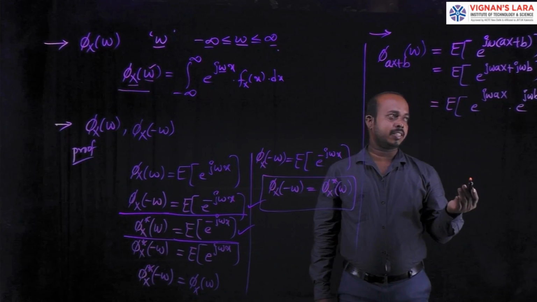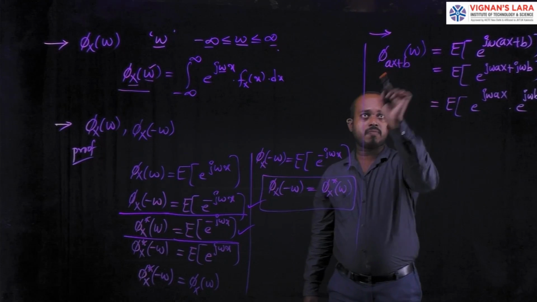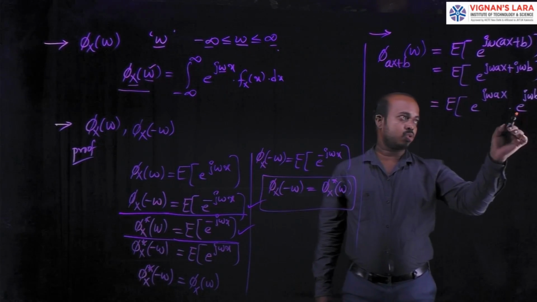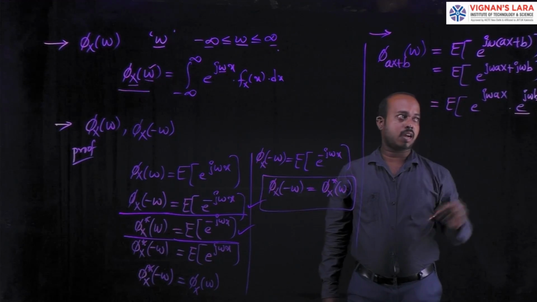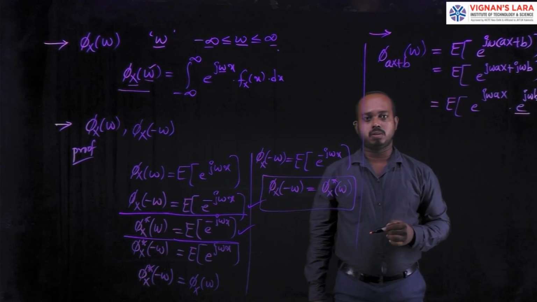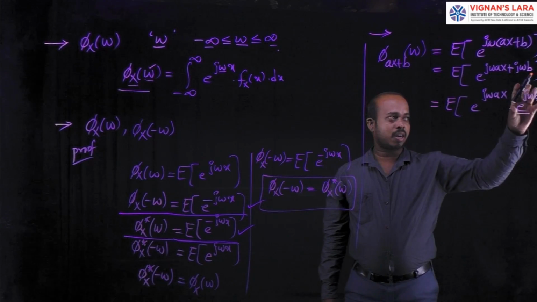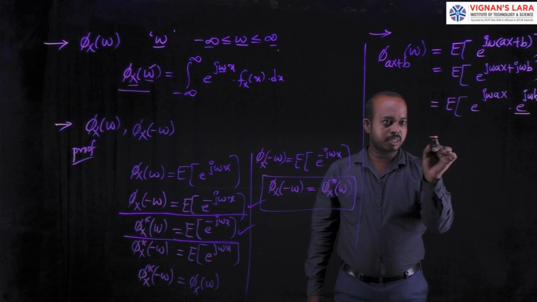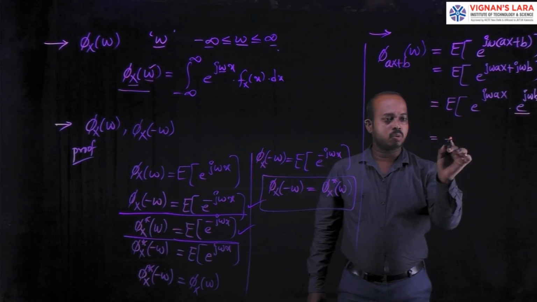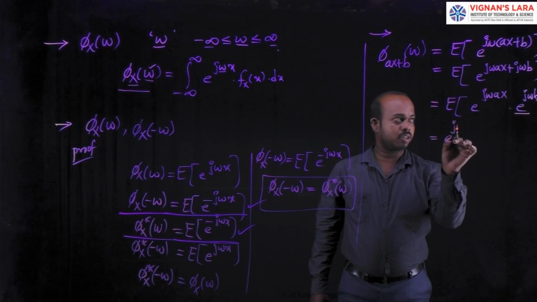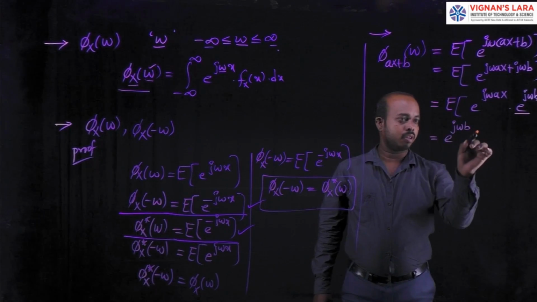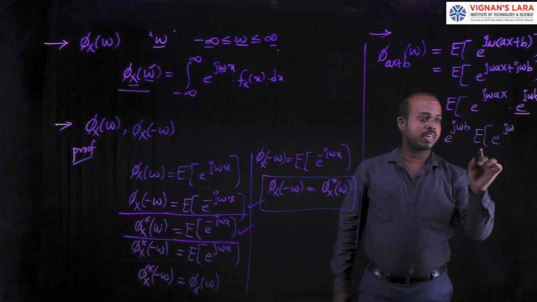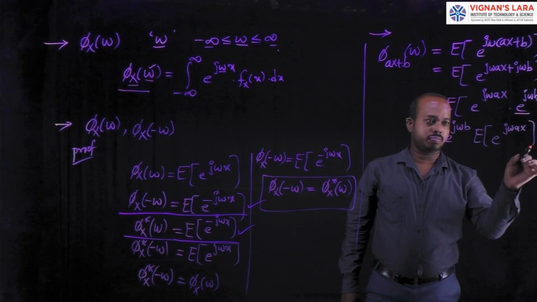Here x is a random variable, and omega and b are both constants. That's why you can write this constant term outside of the expectation: e power j omega b into expectation of e power j omega ax.